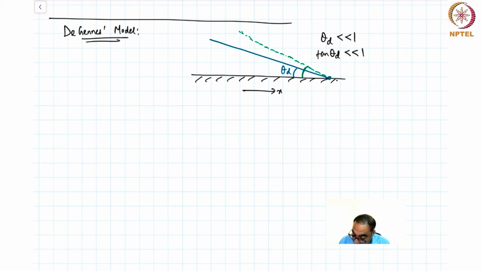Let's call that theta e. That's the equilibrium angle. We will also say that the equilibrium angle is also very, very small. So therefore tan of theta d is approximately theta d, and tan of theta e is approximately theta e, right?